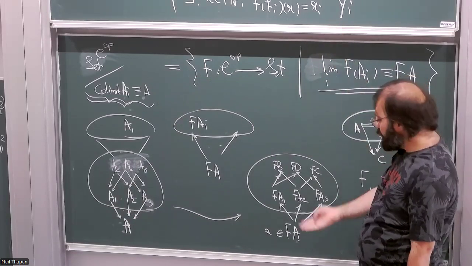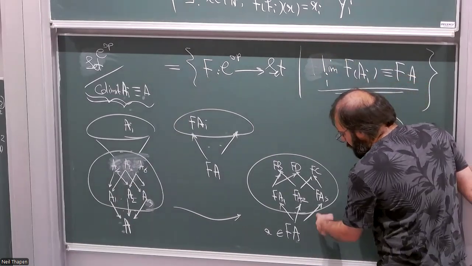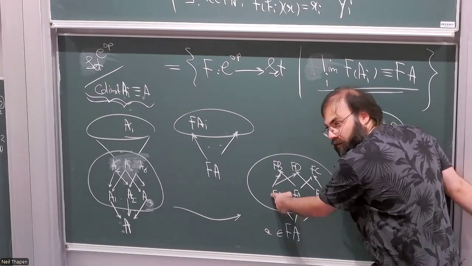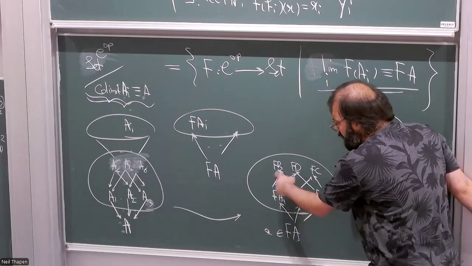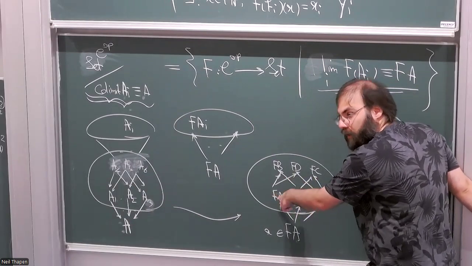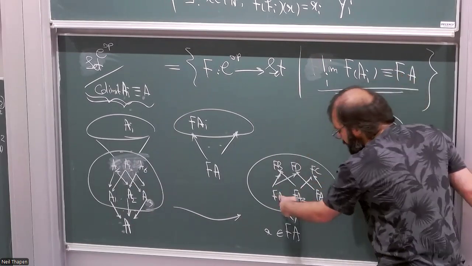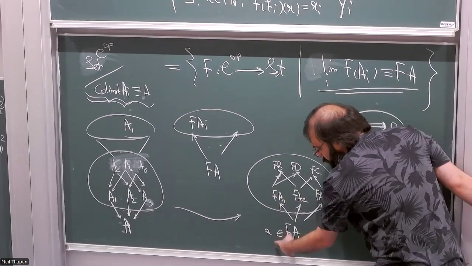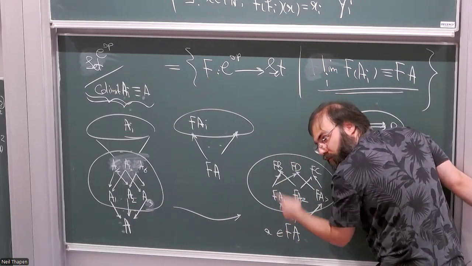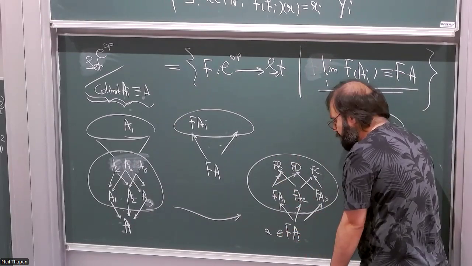Being a limit means that you pick elements such that you have the commutativity, so then I have a compatible family. A compatible family comes from one x from F of A.